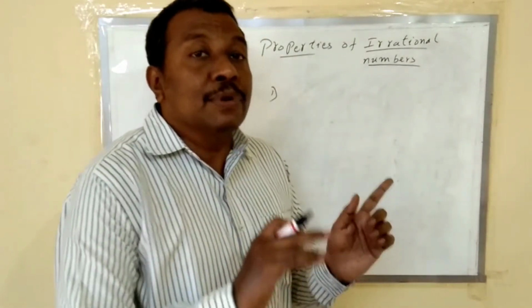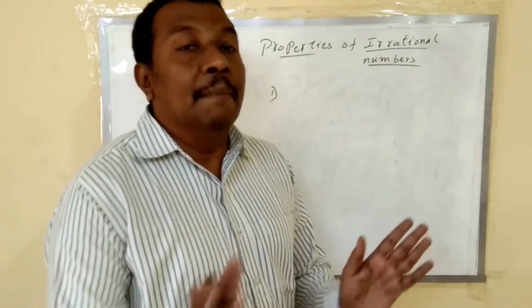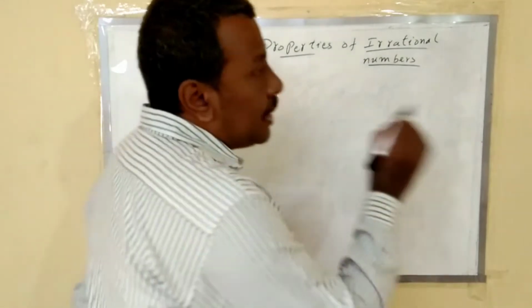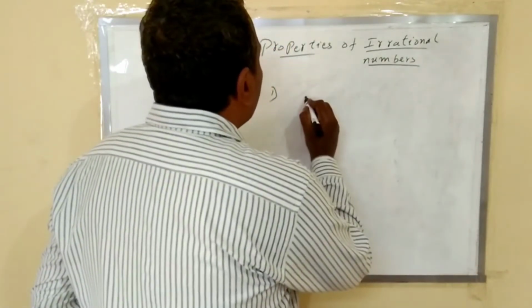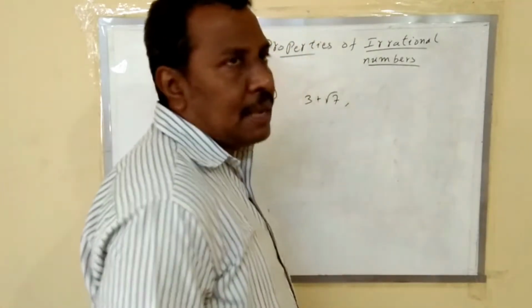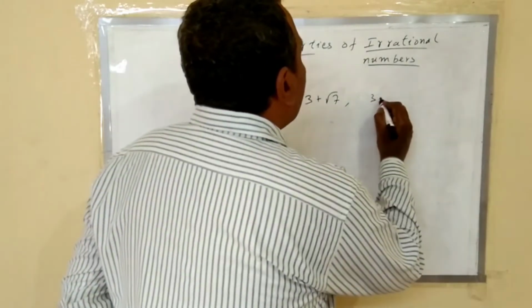But the sum of two or more irrational numbers may be a rational number. For example, if you are adding two irrational numbers, say 3 plus root 7, which is an irrational number, and 3 minus root 7.